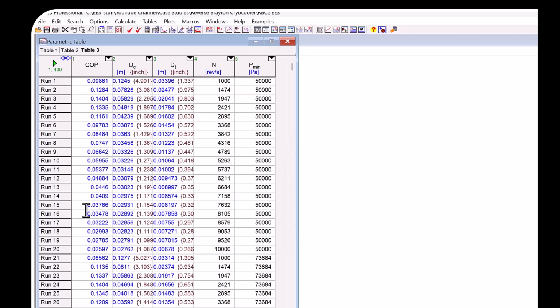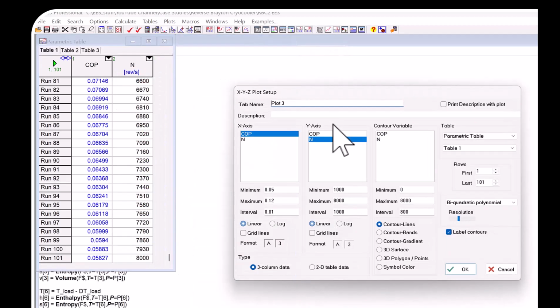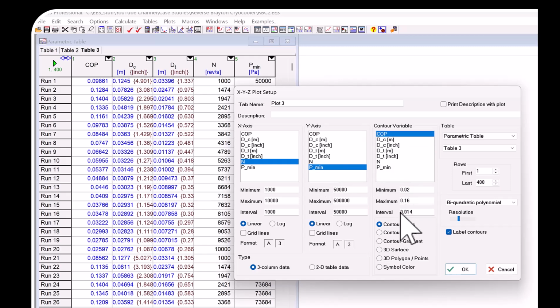Okay, so now I'm going to want to make a contour plot showing COP in this parameter space of N and P min, and then either DT or DC. So let's do that. I'll start with COP, so XYZ plot. This is table 3, I guess. So the x-axis might be N, the y-axis could be P min, and then the contour variable is COP.